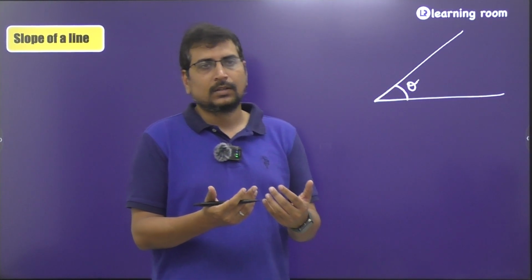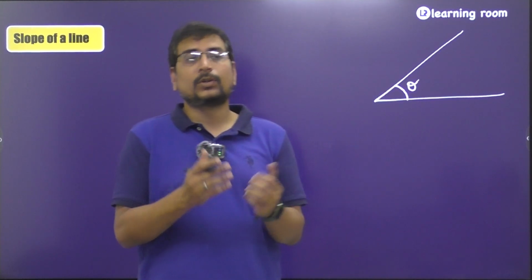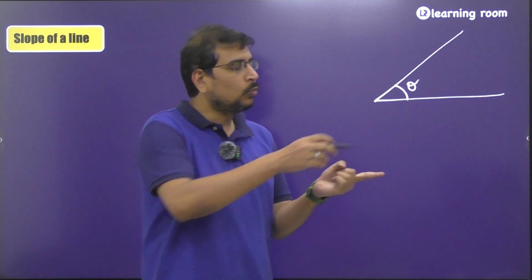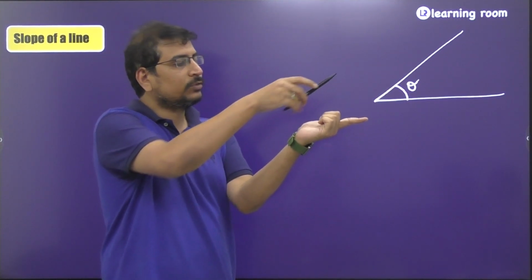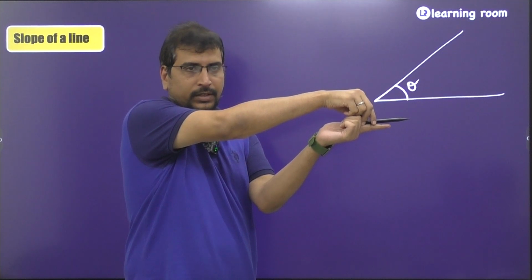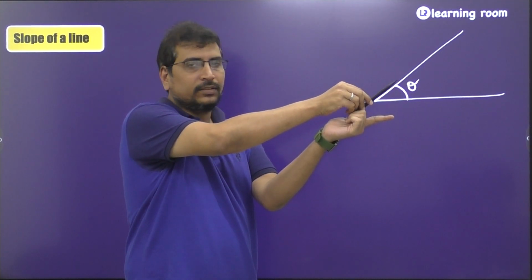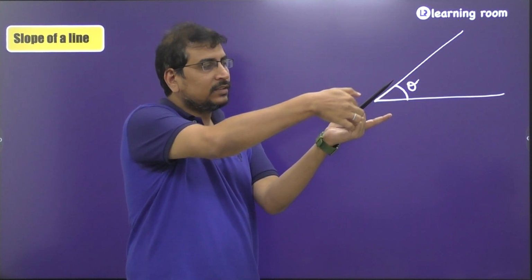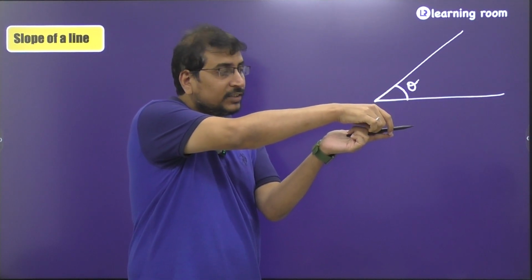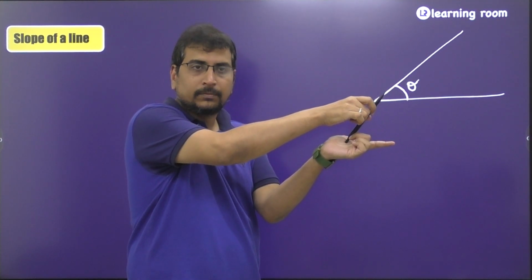The angle is basically defined between two lines. So if I keep this finger as one of the lines and this marker as the other line, and I rotate it like this, can I say this stylus is making an angle with respect to the horizontal? Meaning, it is rotated with respect to a fixed line?